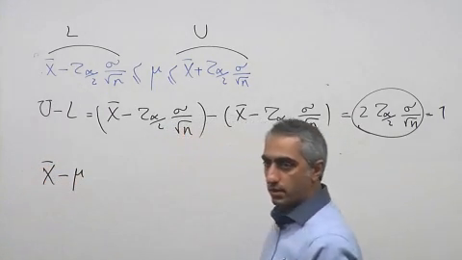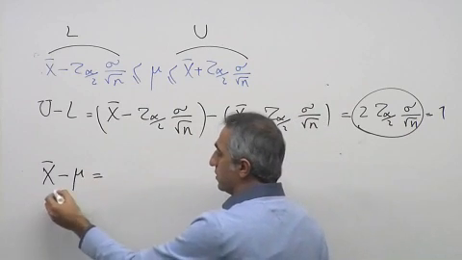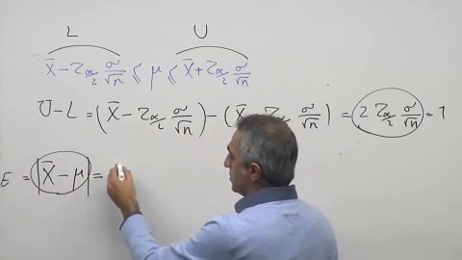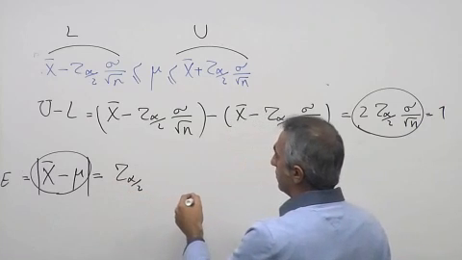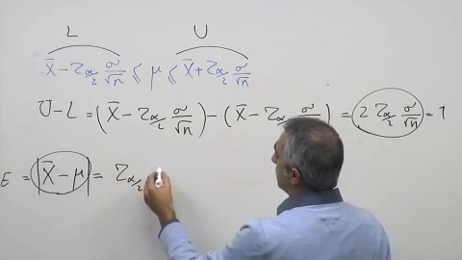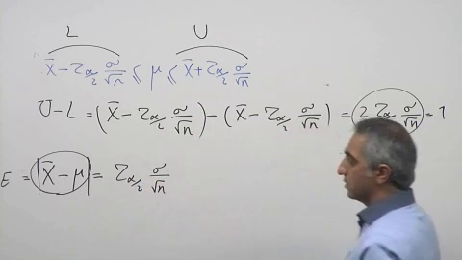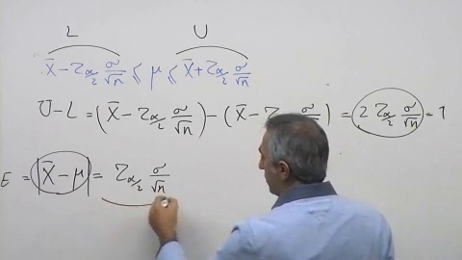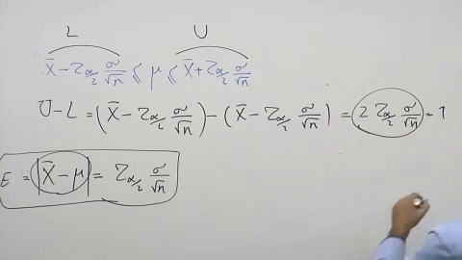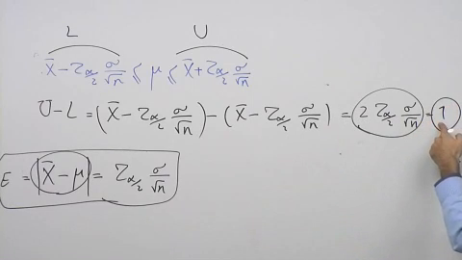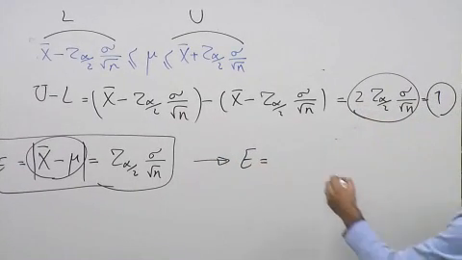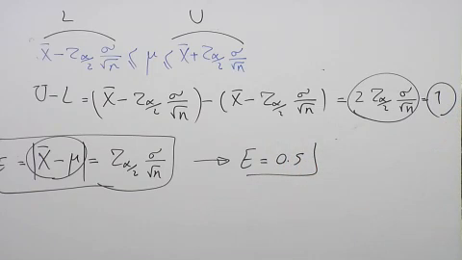Your error is something like this, the absolute value of this guy, which is z alpha over 2 sigma over square root of n. So your error is in this form. This is U minus L. So what would be your error? It is 0.5. Okay? So you have your error.